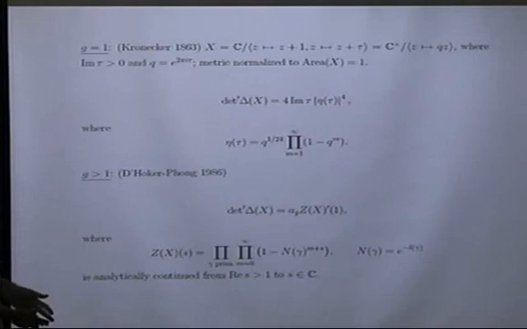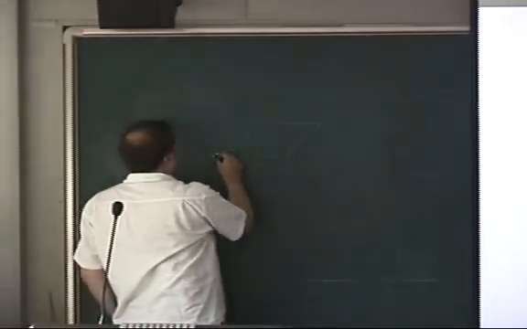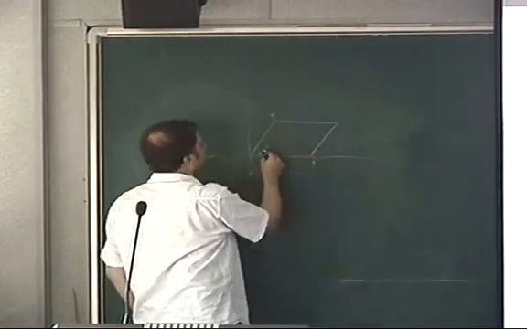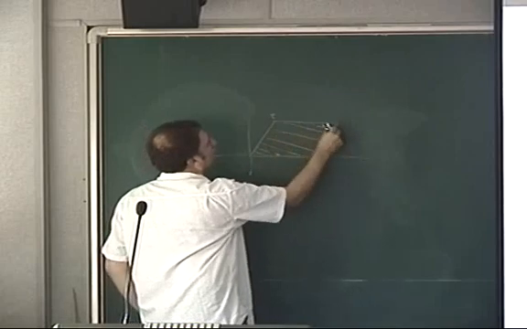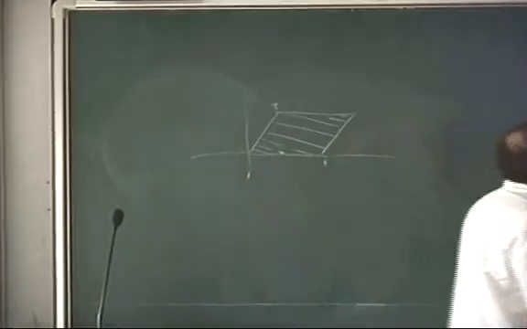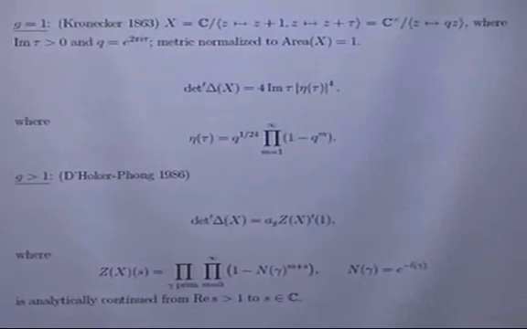So if we normalize the area of the torus to 1, then the determinant of the Laplacian is the imaginary part of tau, which defines the torus, times the Dedekind function of tau, its modulus to the fourth, where the Dedekind function is this classical modular form. And the q is e to the 2 pi i tau.